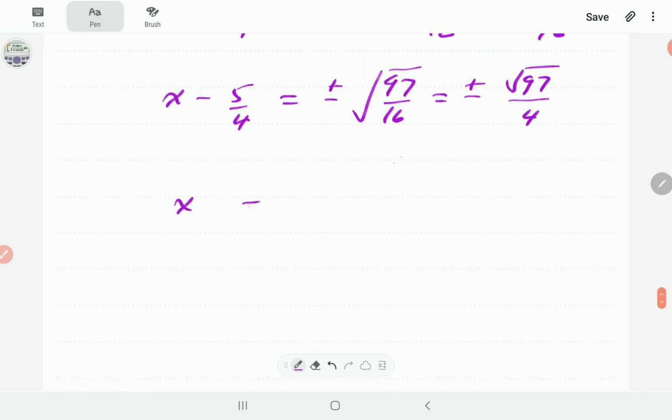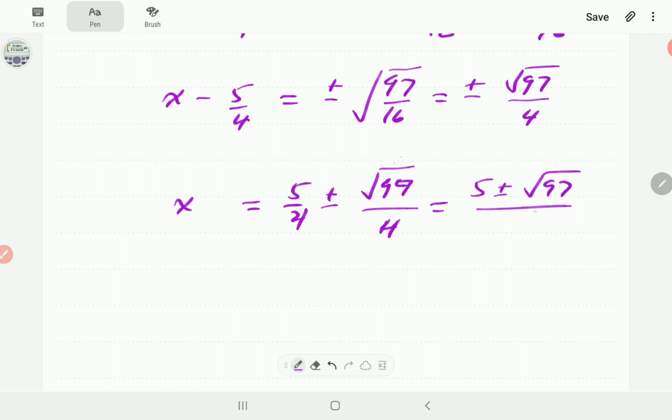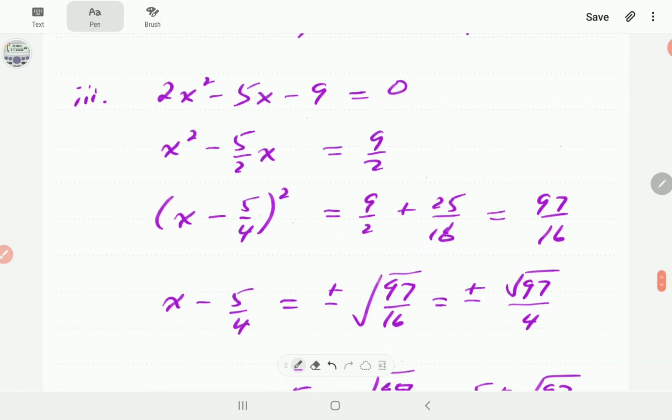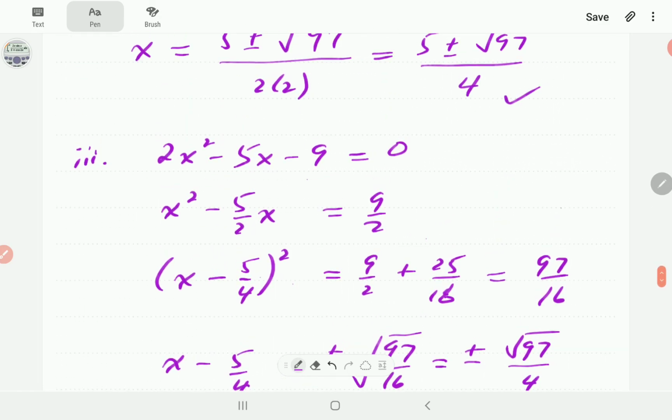Then if we take 5 over 4 to the right hand side, this is what we're going to have, over 4. Sorry, this is 5 over 4. And then we can write this as a single fraction, 5 plus or minus the square root of 97, all over 4, which is exactly the same as the answer we got there.